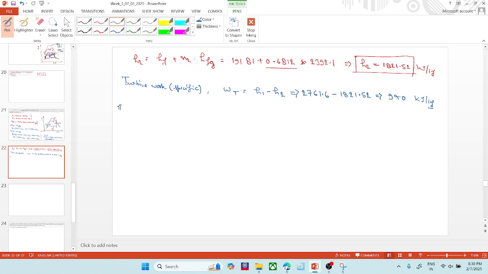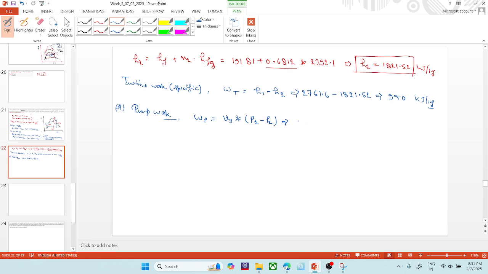Similarly, I can calculate the pump work. The expression for the pump work would be the specific volume at point 3 into pressure at point 1 minus pressure at point 2.